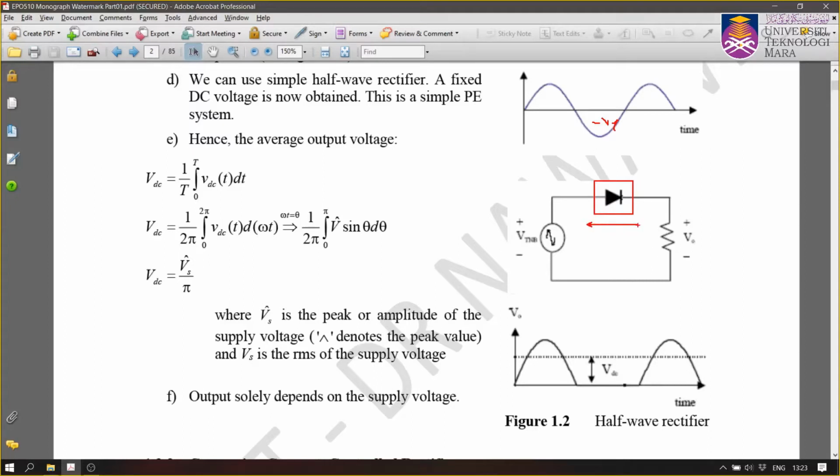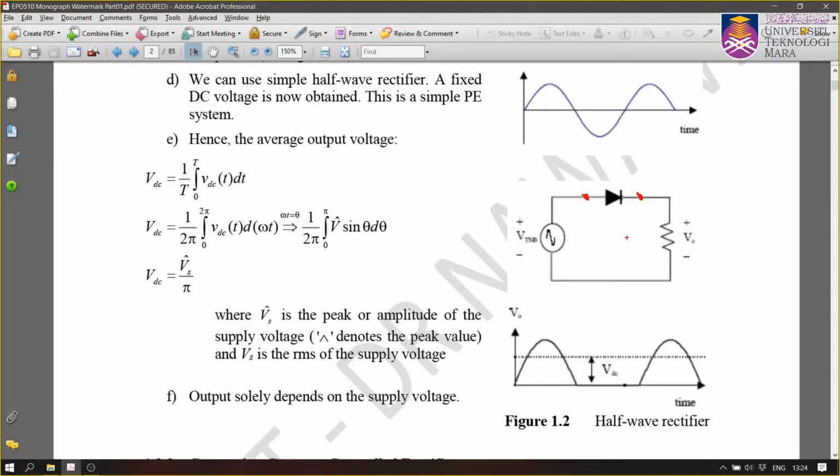The opposite way. So therefore it will be against the arrow of the diode, and therefore the diode will be turned off, and it will appear as an open circuit. So the diode here will appear as the open circuit, and therefore there is no current flow. Therefore, output voltage will be equal to 0.